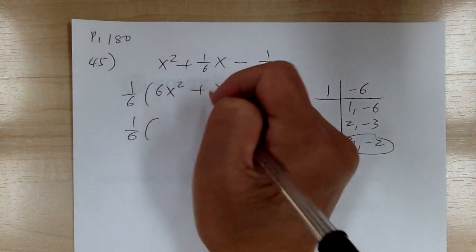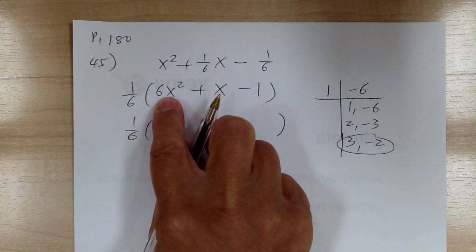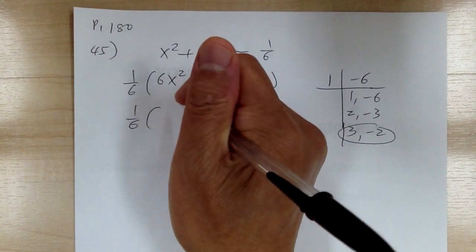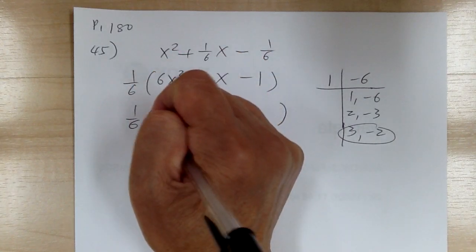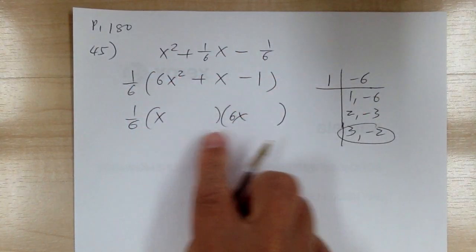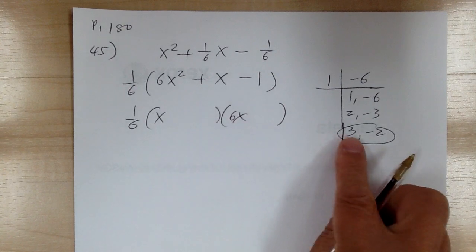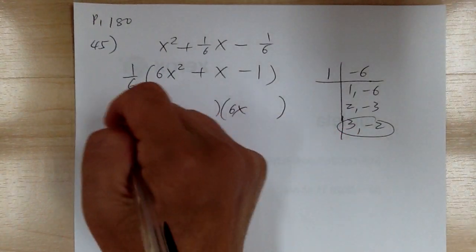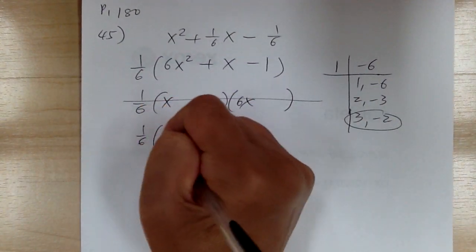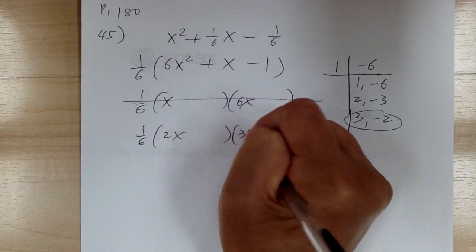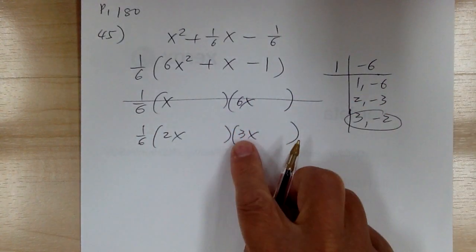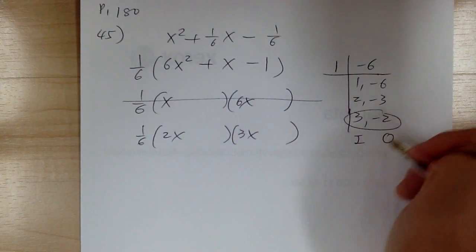Okay, so again, you have to undo this one first, and so if you try x and 6x, right, this is not going to work. 6 times something not going to give you 3 or -2. So do the next one. So 2x and 3x. Now it's going to work. This is going to be the inside, and this will be the outside.